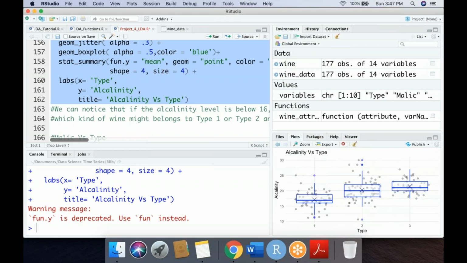You can see here one interesting thing: when the alkalinity values are below a certain level, they are contributing much more into the class of type 1 of alcohol.